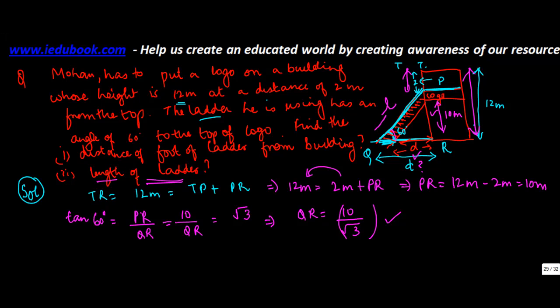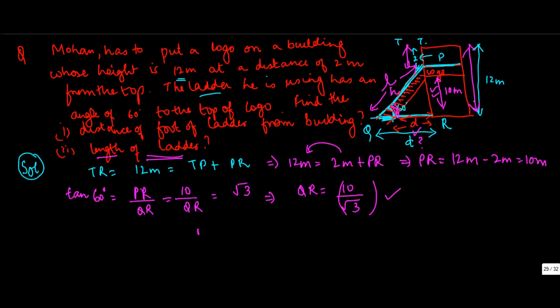The second thing that you need to find out is the length of the ladder, which is this point. Now again, this is basically the hypotenuse. You know this angle, and you know that this side is 10 meter, right? So what we have is PR upon PQ, or side opposite to angle 60 degree upon hypotenuse, which is the sine relationship. PR again you know is 10 upon PQ is equal to sine 60 degree. Now what's the value of sine 60 degree?